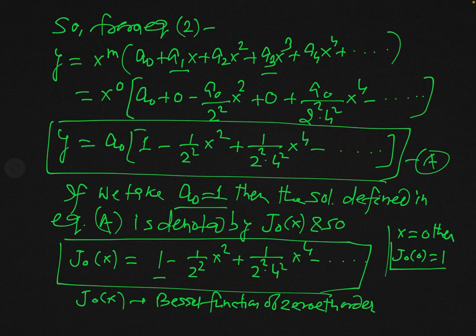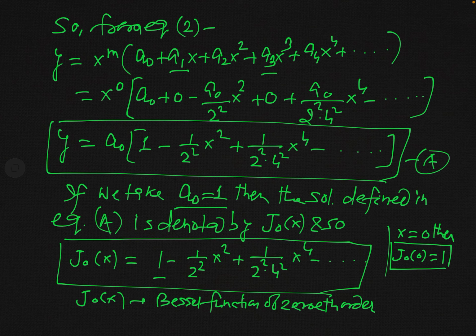So J naught of 0 is equal to 1. You should remember it. So this is the solution of Bessel equation when n equal to 0, and you can see that in this condition there is only one solution, and that solution is called Bessel function of zeroth order.